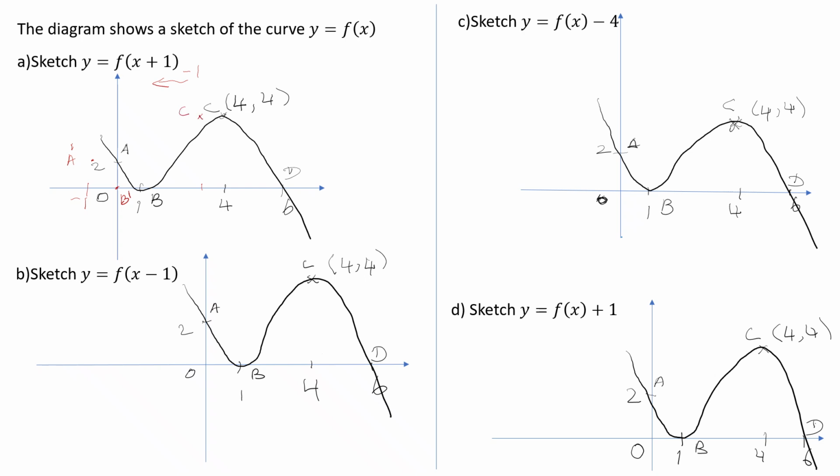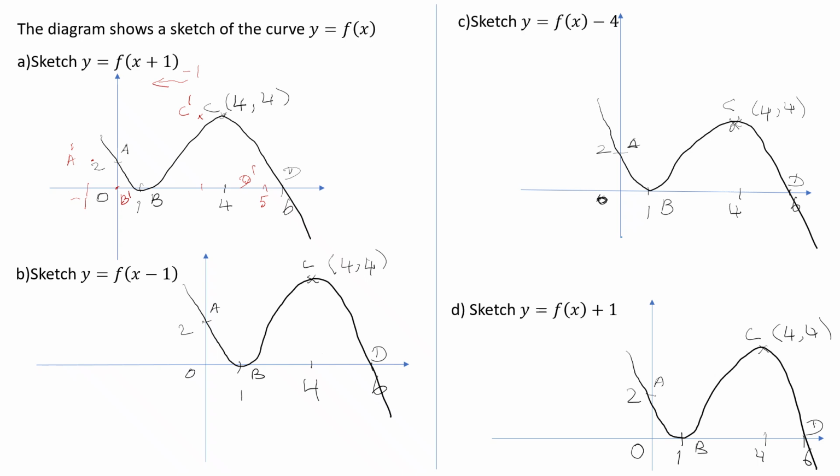So this is C dash. Y coordinates are still remaining the same. And the point D, x coordinate is 6, so its new point will be 5. This is D dash.